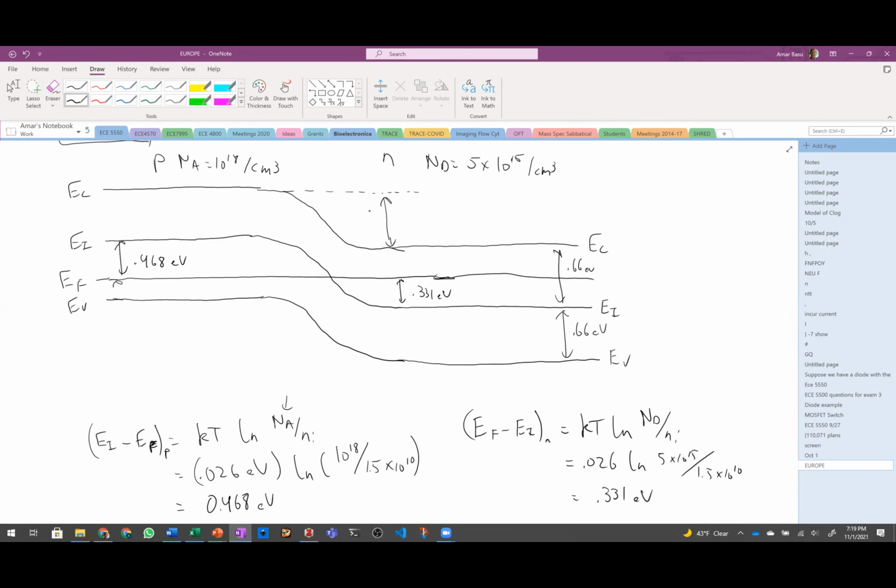It'll be the 0.468 plus the 0.331. Yeah, you got it. This is 0.468 plus 0.331. And what does that come out to? 0.799 electron volts. Well, let's just say this is 0.8 electron volts.